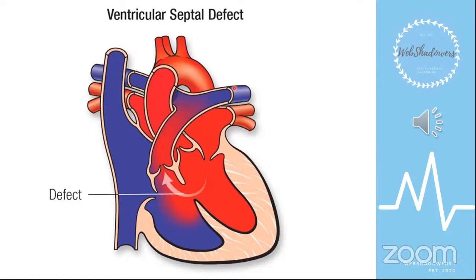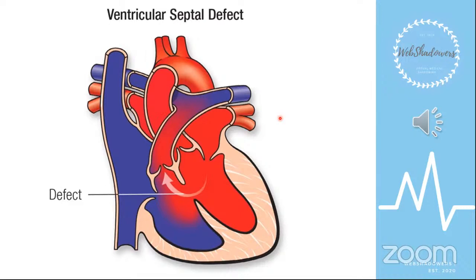Because the pulmonary vascular resistance is lower than the systemic vascular resistance, excessive blood goes to the lungs because it likes the lower resistance. So you're ejecting all that blood back to the lungs and not to the body, and these kids sometimes have issues where they're not sending enough blood to their organs from a VSD.